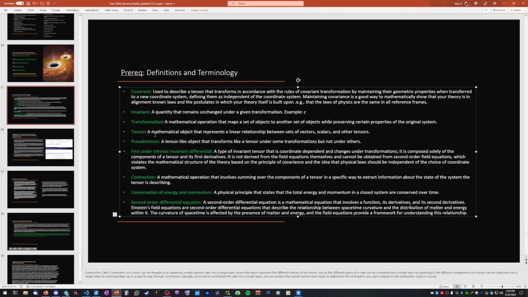Now, keep in mind the use of the pseudotensor, which all these solutions are derived from, such as the Schwarzschild radius, the Schwarzschild metric, the Kerr metric, all these metrics that are used to describe black holes, expansion and contraction of space time, anything that uses the pseudotensor, which is pretty much every metric, or every solution, is poisoned by the fact that it's derived from a pseudotensor that is a first order intrinsic invariant differential, which doesn't exist in the system.